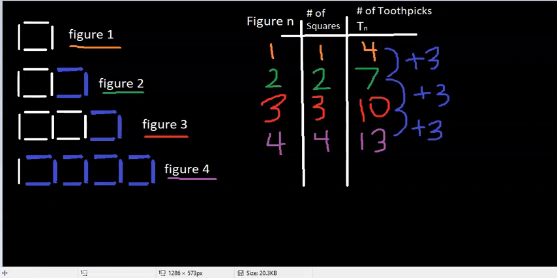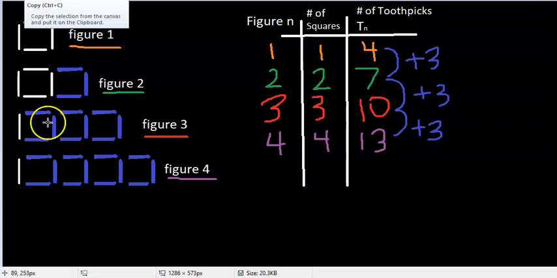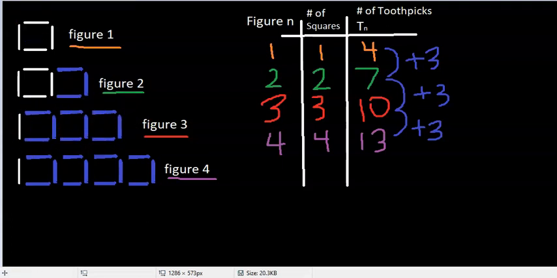And it becomes very evident that each square uses the previous toothpick to make the square with the 3 added toothpicks. We observe this as well for figure 3 that has 3 toothpicks, another 3 toothpicks, and another 3 toothpicks to form the 3 squares.